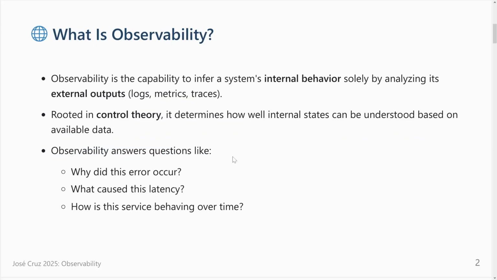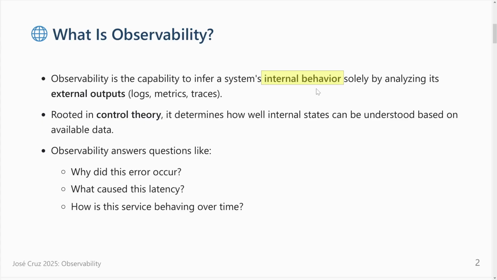So what is observability? Observability is a capability to infer, and this is quite important, the system's internal behavior. We want to see what's happening inside of a system. It's not just looking into logs or traces or metrics. It's more than that. We want to make sure that we develop our software and use the correct tools and capture the important logs, traces, and metrics.